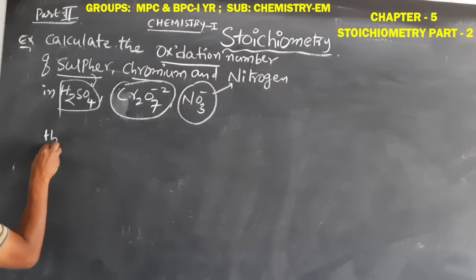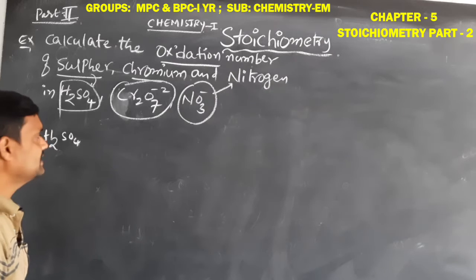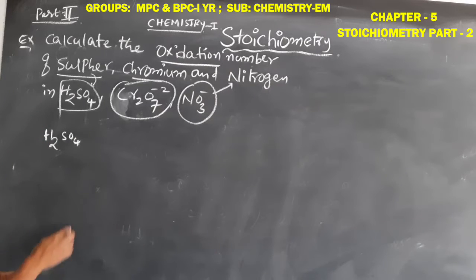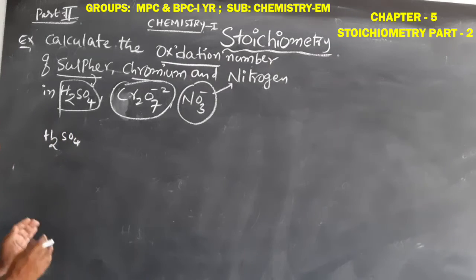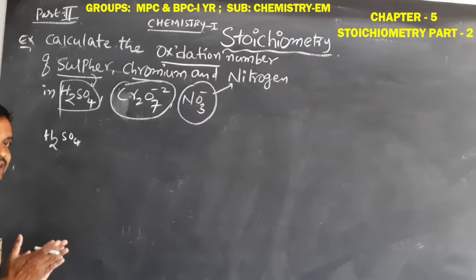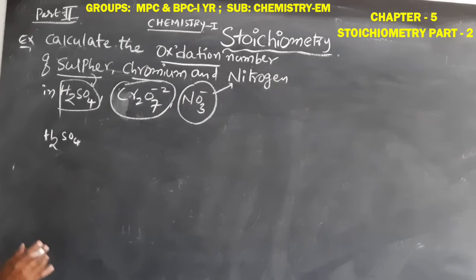First we take sulfuric acid, H2SO4, and find the oxidation number of sulfur. In the first step, we write the sum of the oxidation numbers of all atoms.